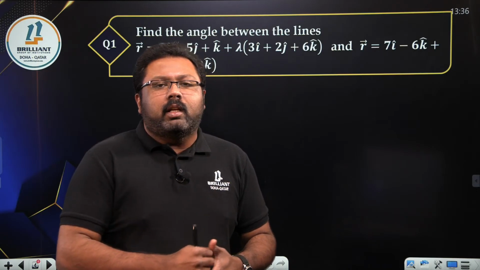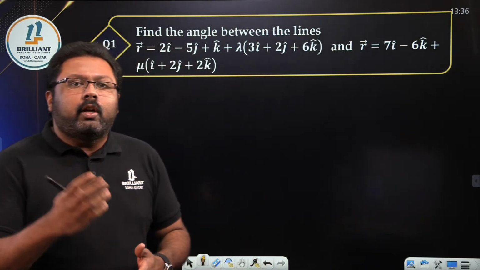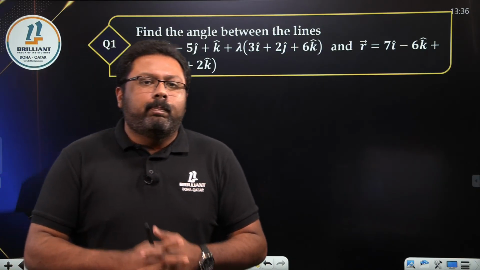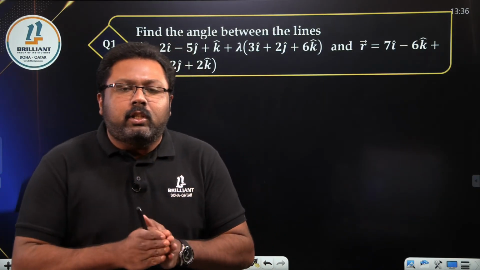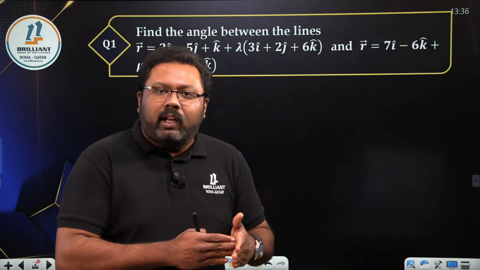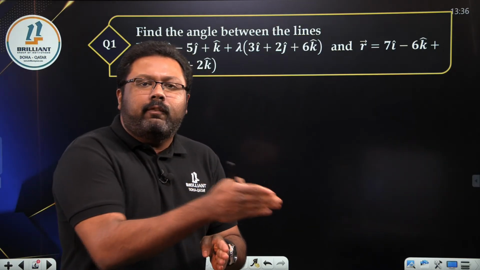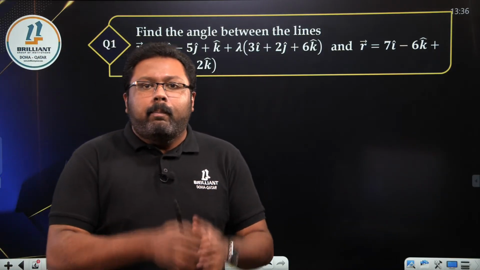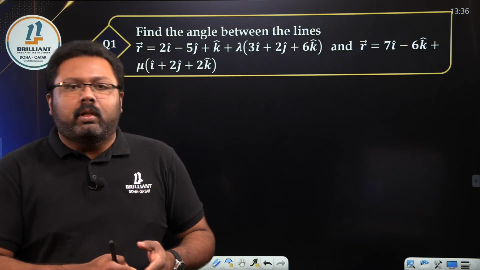Either you can do it with the Cartesian form or you can do it in the vector form. So we don't have to learn both the forms. You just need to know how to convert the given equation of a line into the Cartesian form if required or to the vector form if required, based on which concept you're trying to do.